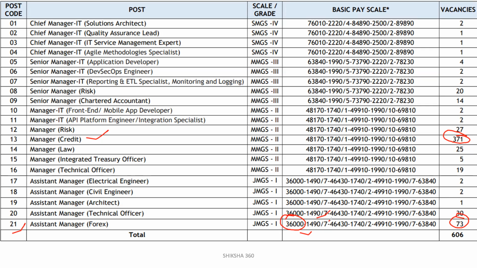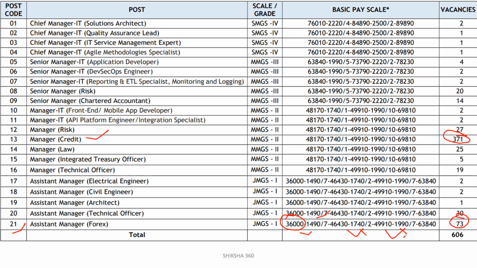After that, it becomes 46,430. Then there are two increments of 1740. Then again 7 increments of 1990, and then it becomes 63,840. In total, I think there will be 17 increments.